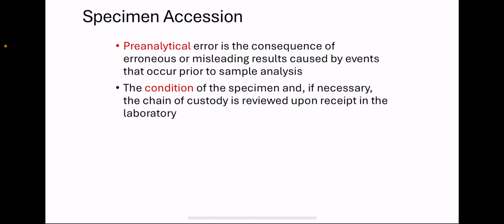So, pre-analytical error is the consequence of erroneous or misleading results caused by events that occur prior to sample analysis. The most common form of error is usually pre-analytical, before it gets to us, and what we have the least control over. But if it's collected in an improper container, that's something we can catch and have them recollect.